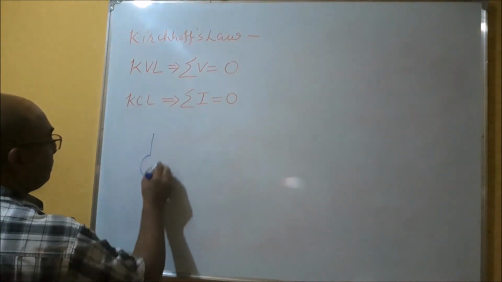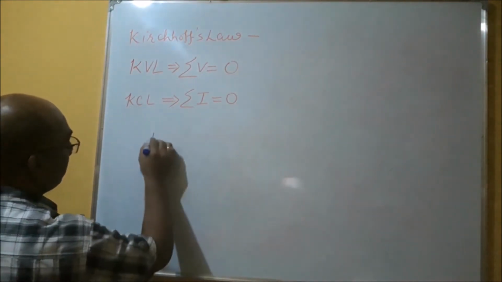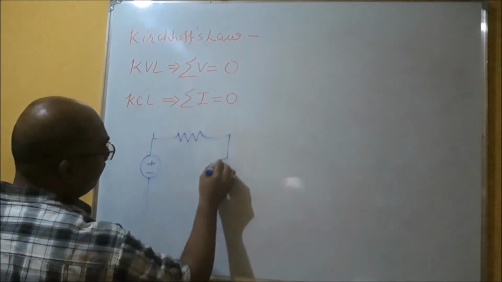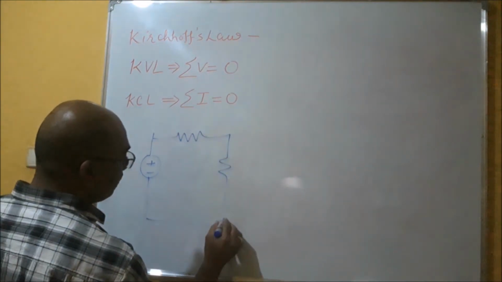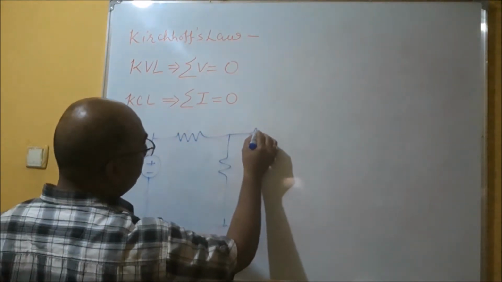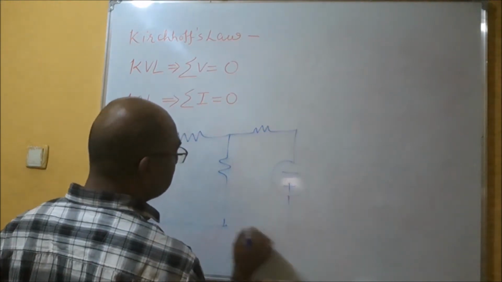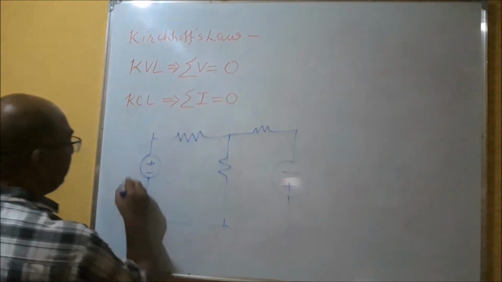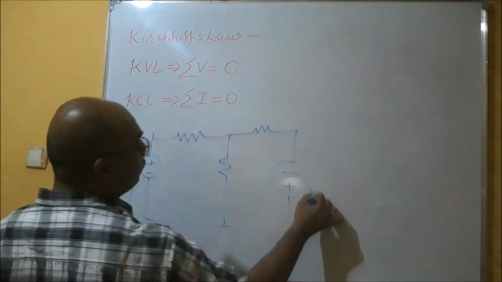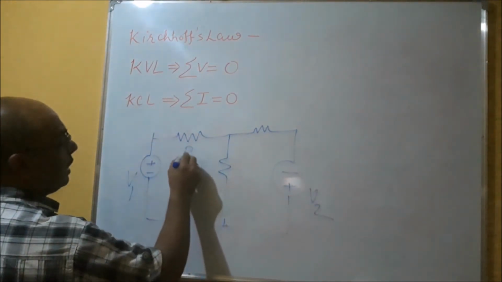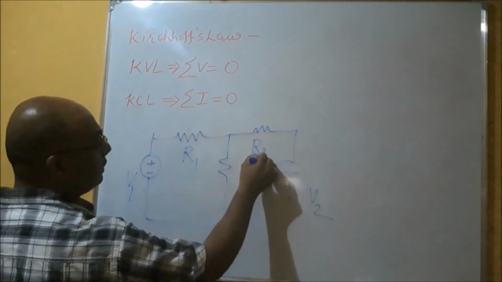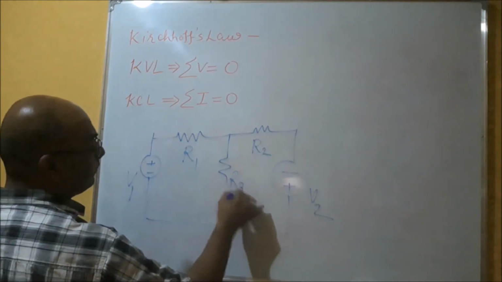The circuit has V1 voltage source, V2 voltage source, R1, R2 and R3.